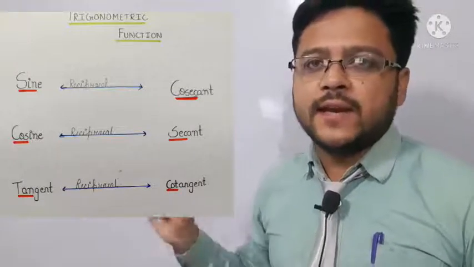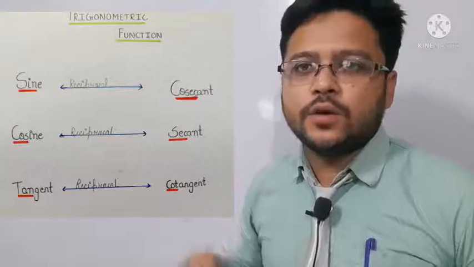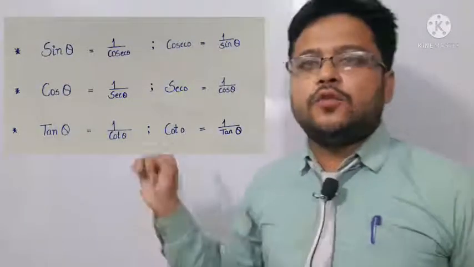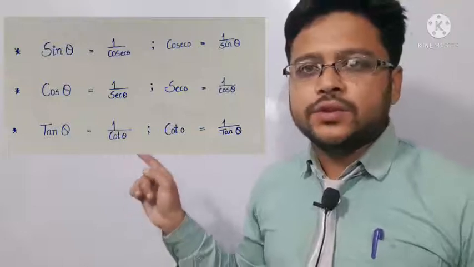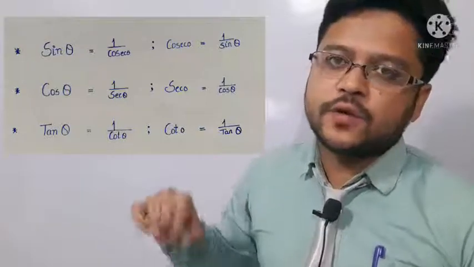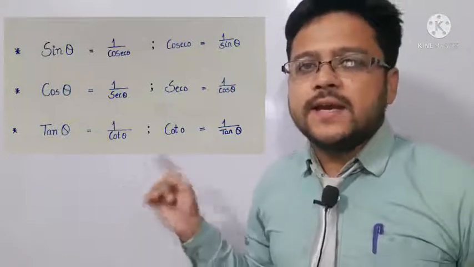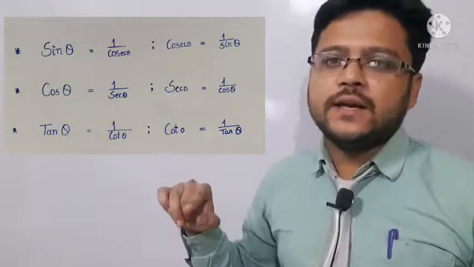Cosine is the reciprocal of secant and vice versa, and tangent is the reciprocal of cotangent and vice versa. Basically, sin theta is equal to 1 upon cosec theta, because cosec theta is the reciprocal of sine, and cos theta is the reciprocal of sec, and so on.